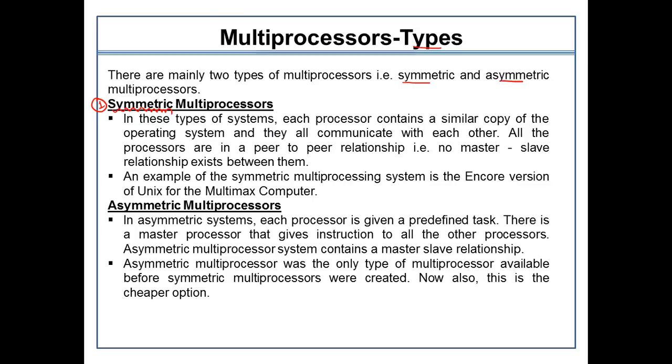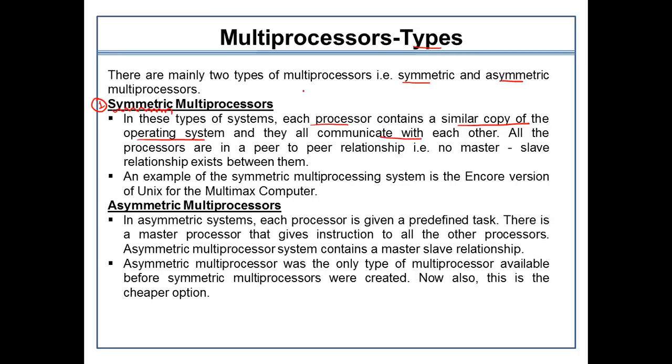In such systems, each processor contains the same copy of the OS. This is important to understand. Whenever we work with symmetric multiprocessors, every processor has access to the same kind of operating system, and they all communicate with each other.